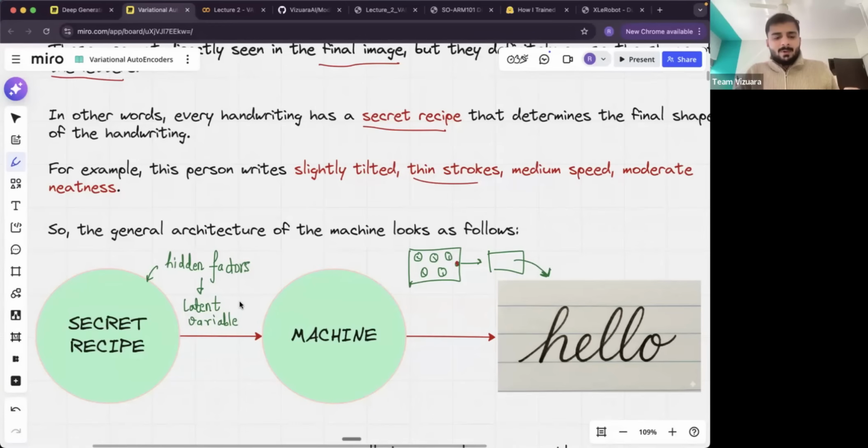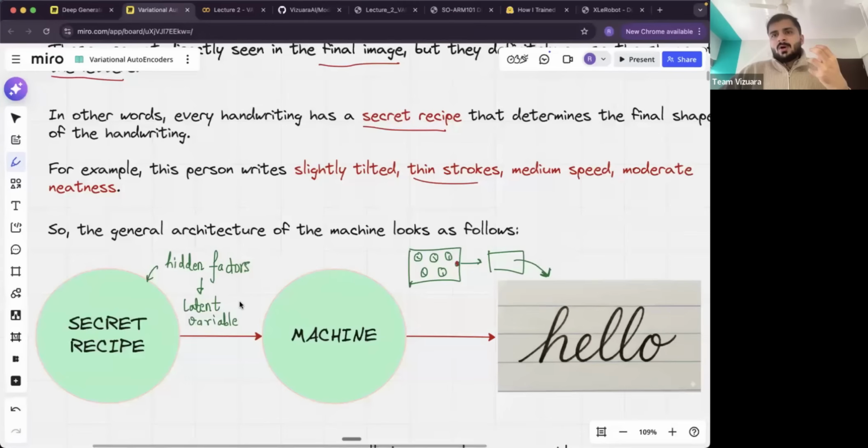So this concept of digging a level deeper, to first go to the latent variables and then generate the image, is the intuition that I want all of you to understand. It did not come very naturally to us, right? We want to identify these latent variables or hidden factors first.